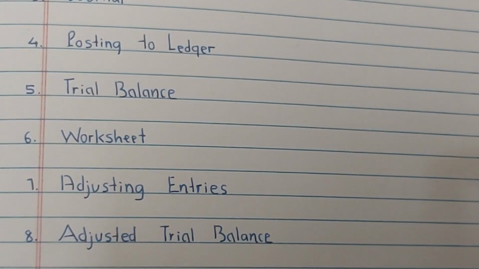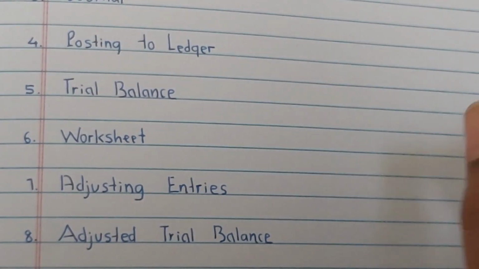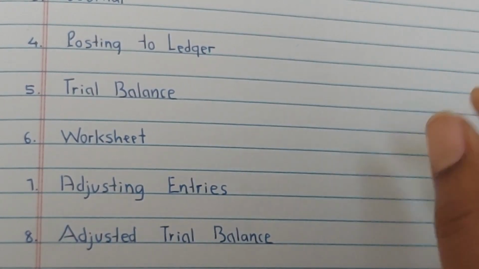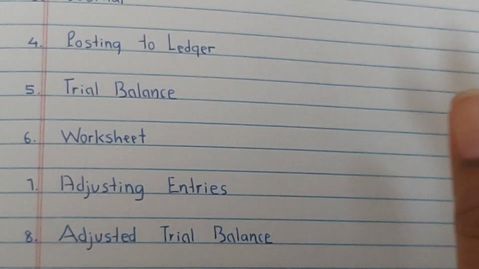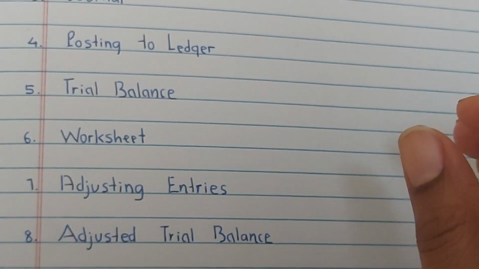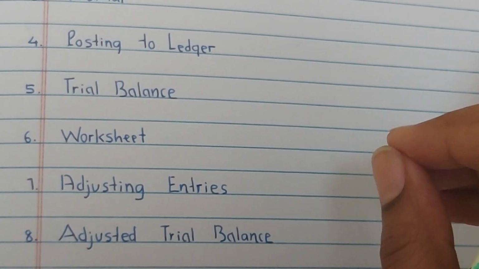The next step is the 6th step, worksheet. In this stage, an accountant has to check for errors, if any, or make any adjusting entries or rectification entries. He has to keep a record in a worksheet for future reference. And the 7th step is adjusting entries.